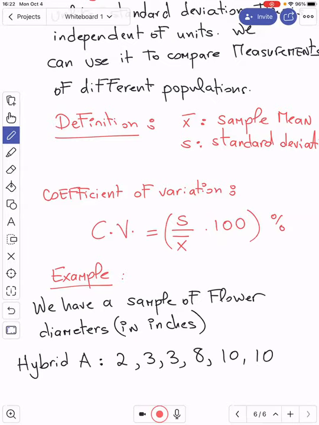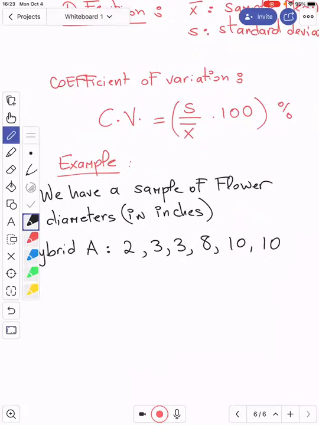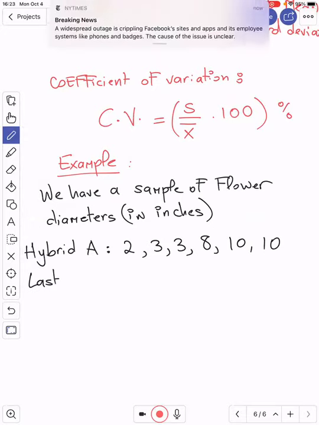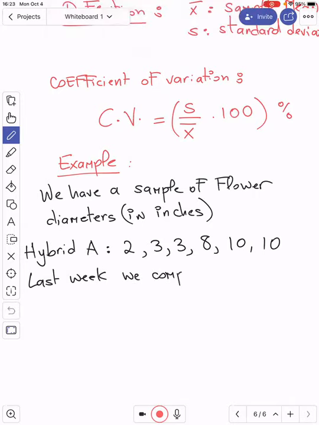We discussed this example last week, and we computed the mean, of course, and also, if I'm not mistaken, the standard deviation of this sample. You can check your notes if you want. We computed last week the X bar, the mean.